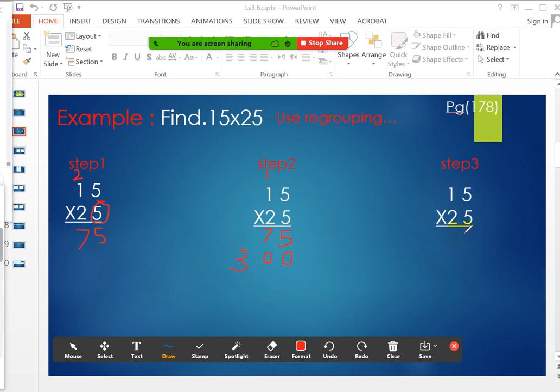After that, in the last step, I have to do what? I have to add the numbers as we learned, both numbers.